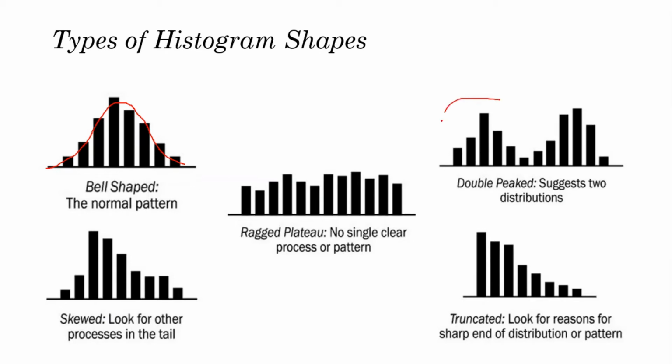For example, here you have 2 peaks. What does this mean? You have 2 sets of operational situations. A very simple example would be that some points might be observed during the day shift, whereas the others might be seen at the night shift.